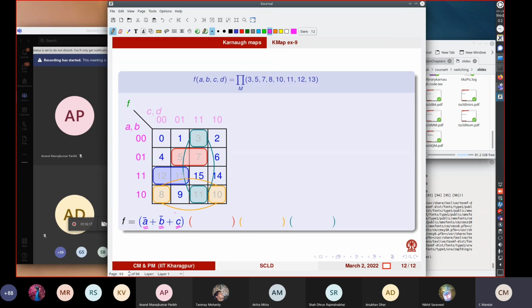Need to be a bit careful. Okay. So that's it. So this is our treatment of Karnaugh maps. Note that you can use don't cares in the same way here. Don't cares can be used in the same way.